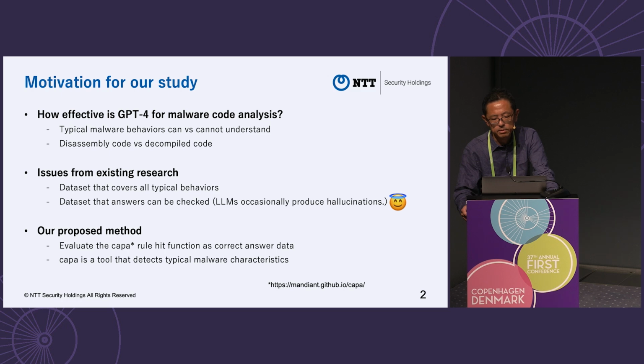Capa is a tool developed by Mandiant that detects typical malware characteristics using rules. We also use capa in our daily analysis work, and we think its rules are reliable. So we choose this method.